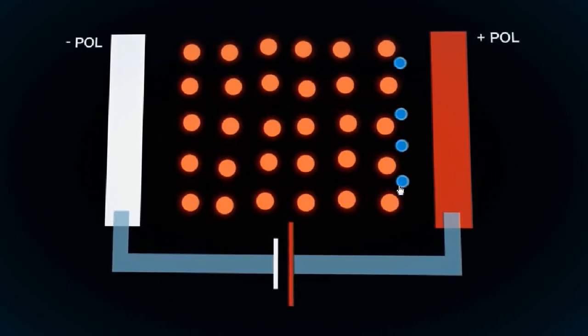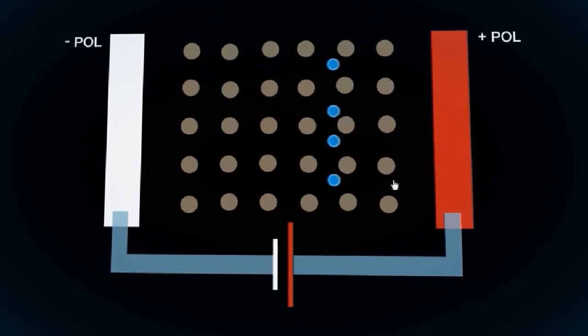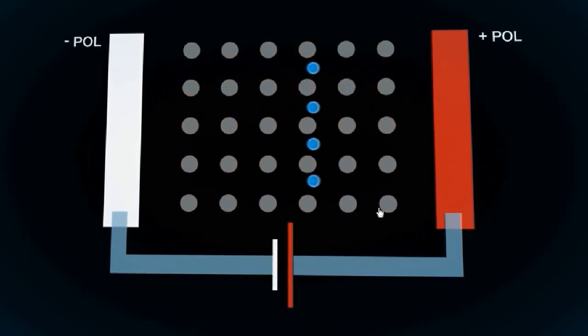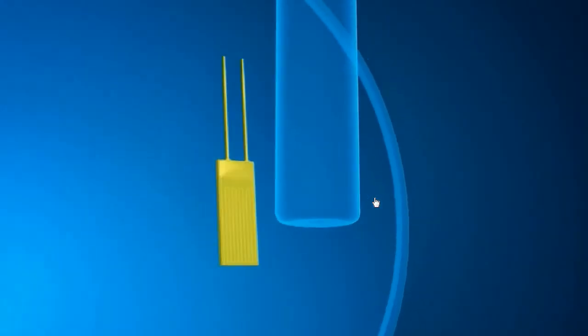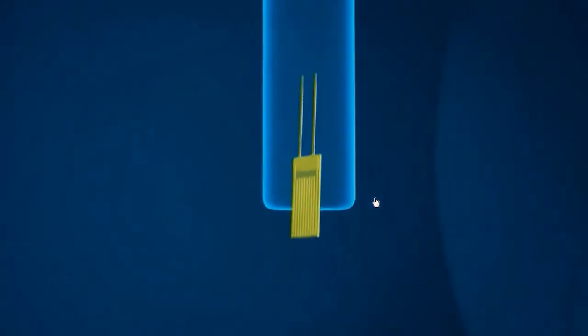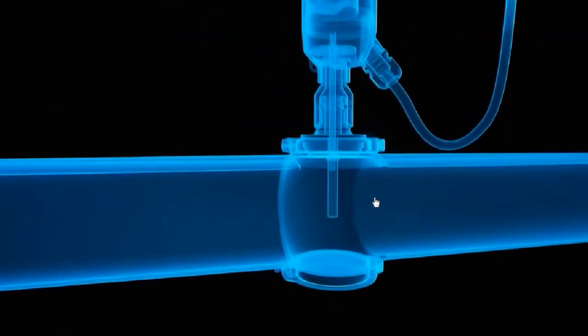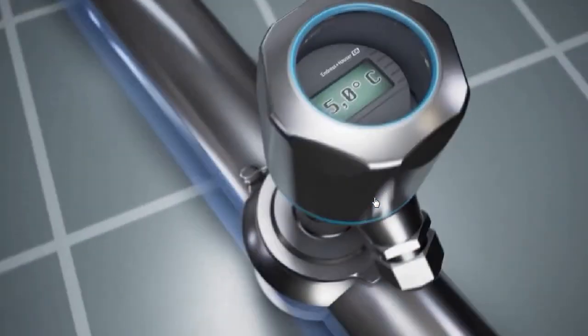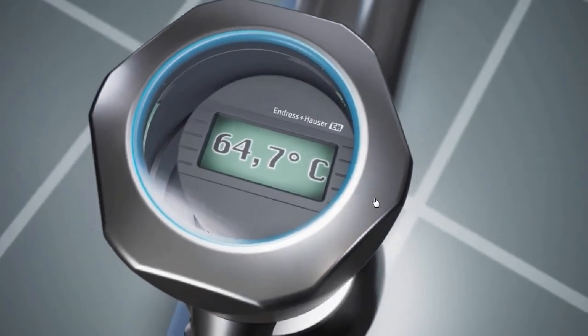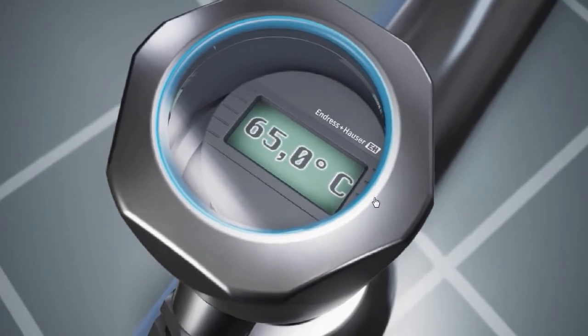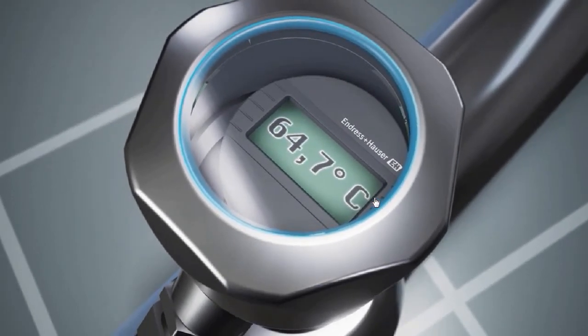So we can say when the temperature is increased, the atoms move and interrupt the electrons, and ultimately the current is decreased; they vary inversely. If the temperature is increased, current is decreased. Now that change in resistance by changing the temperature can be directly calibrated or calculated in the display of the RTD.